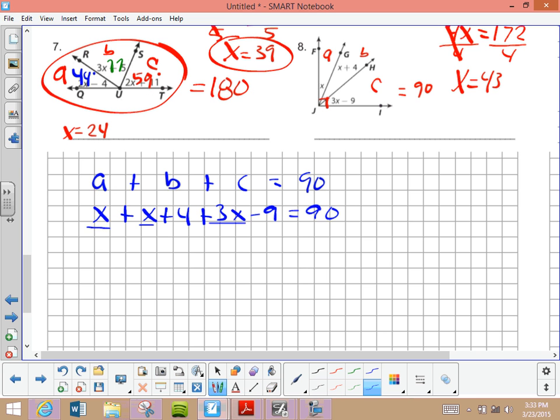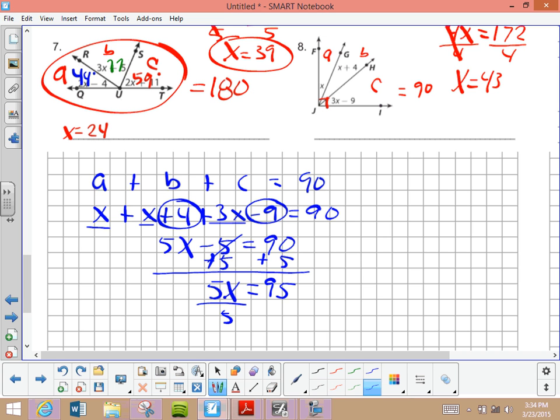Combine these, it'll be 5x. And then 4 girls and 9 boys, you end up with 5 girls. And 5 boys, I'm sorry. You add 5 to both sides. 5x equals 95. You divide by 5, x equals 19. So this will be 19.